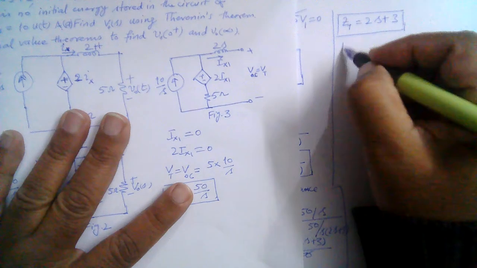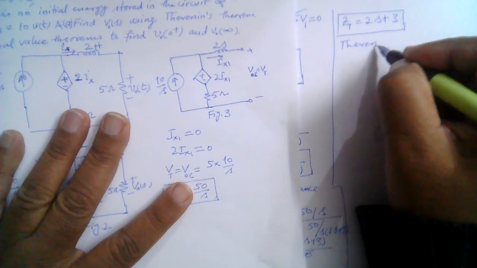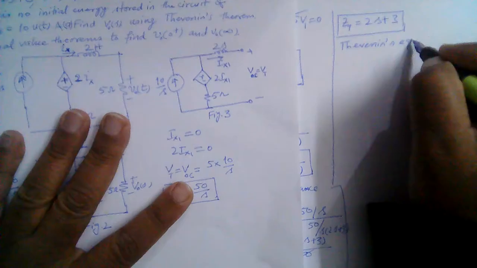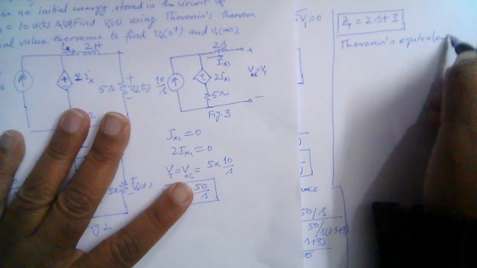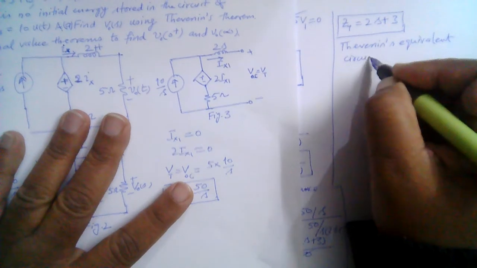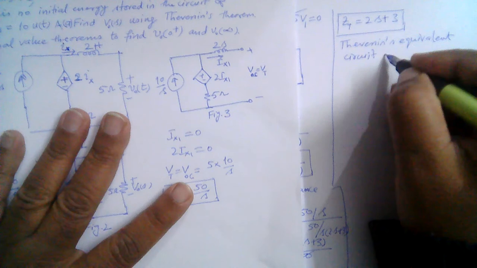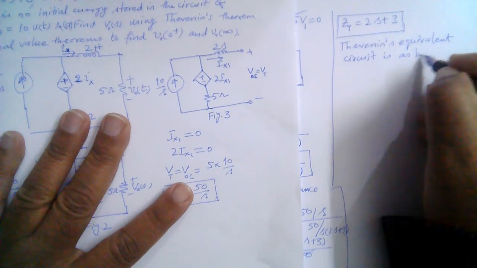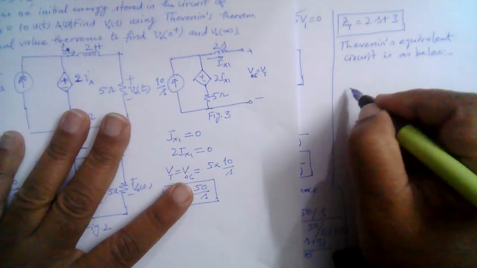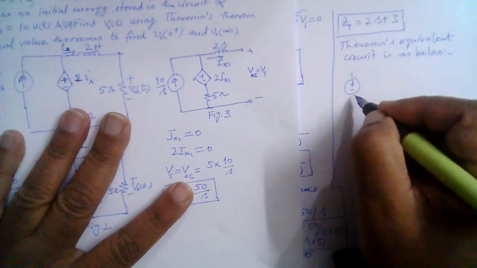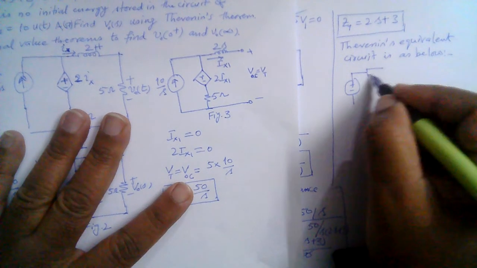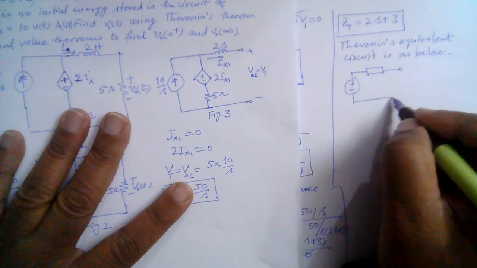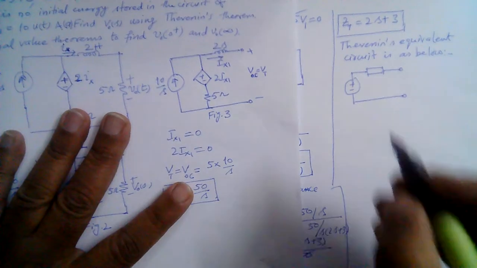The Thevenin's equivalent circuit is as below. So this is the Thevenin voltage, this is the Thevenin impedance, and these are the open terminals.